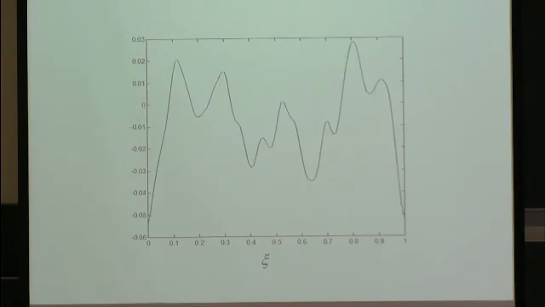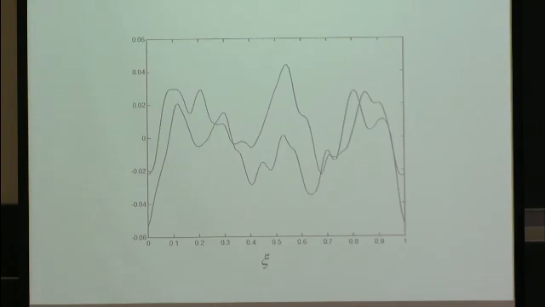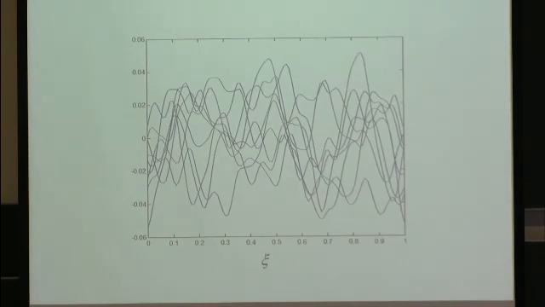It can look like this, and if we look at the whole space of possible objective functions, we get something quite messy like this. Here I've just plotted them over each other.